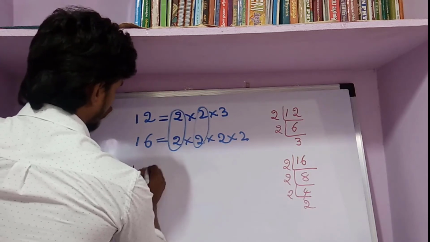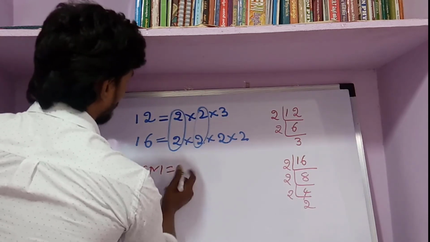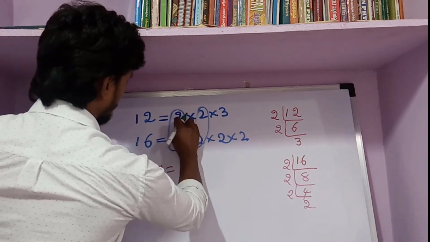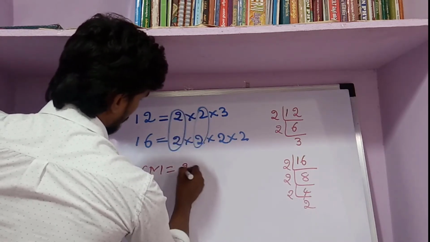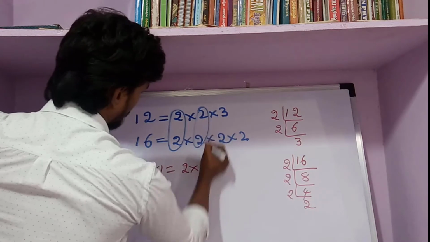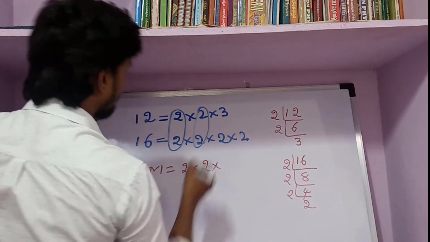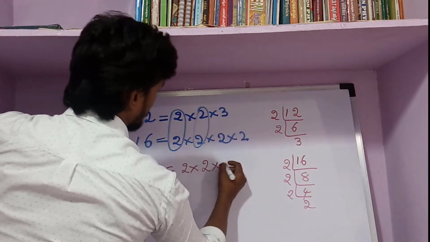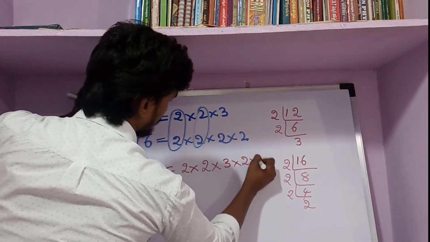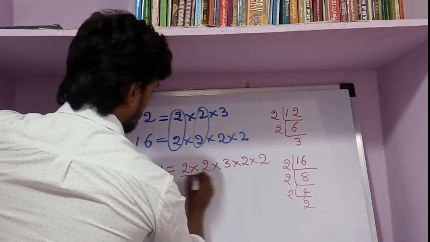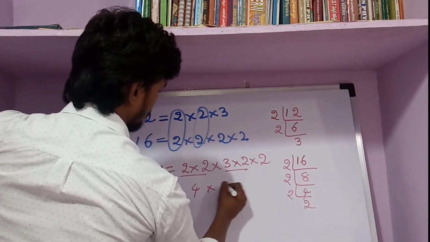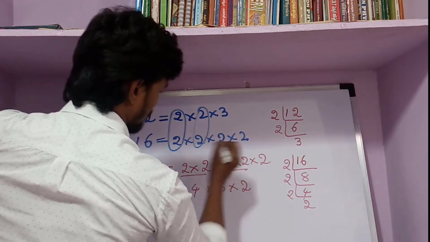So LCM is equal to, first take the common numbers. 2 is common, then 2, and then write the remaining numbers. Which are the non-common numbers? 3 into 2 into 2. 2 twos are 4, and then 4 threes are 12, and now 2 is remaining.